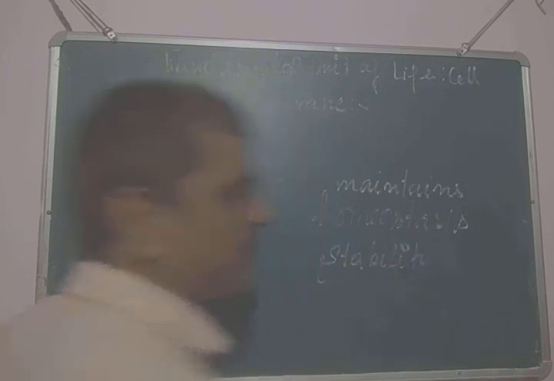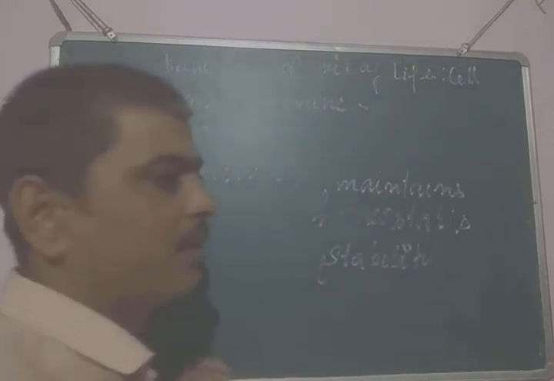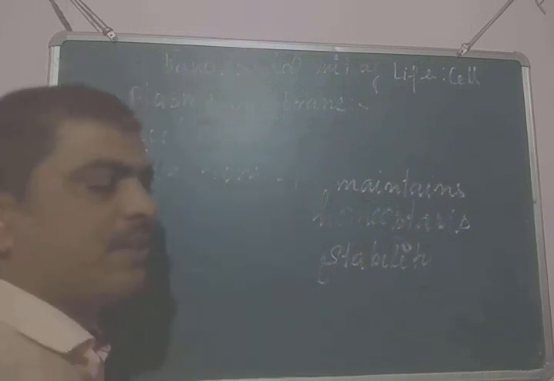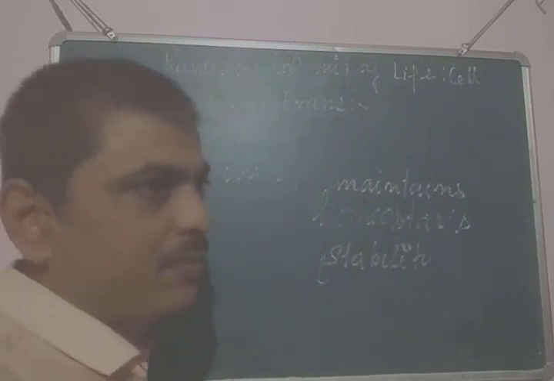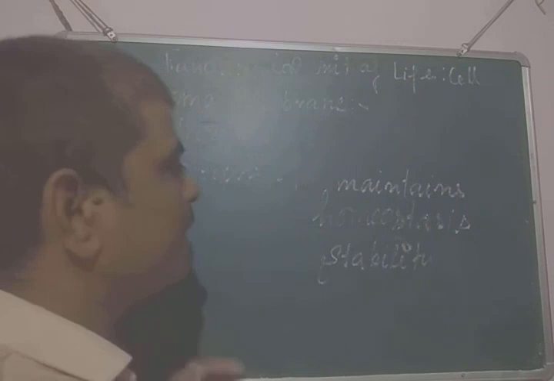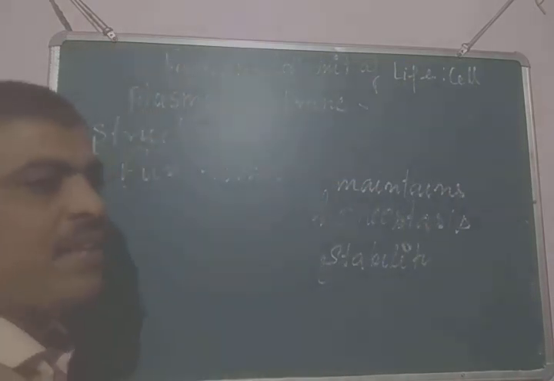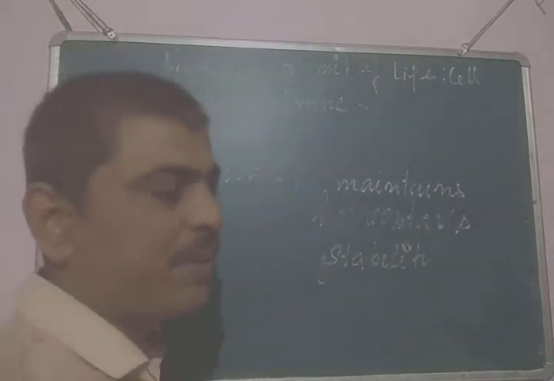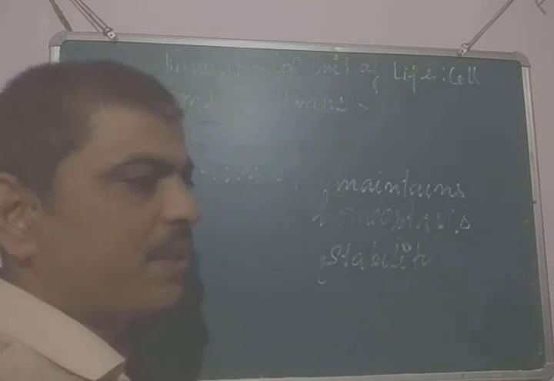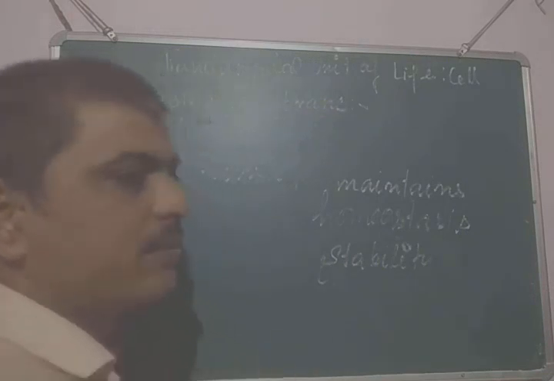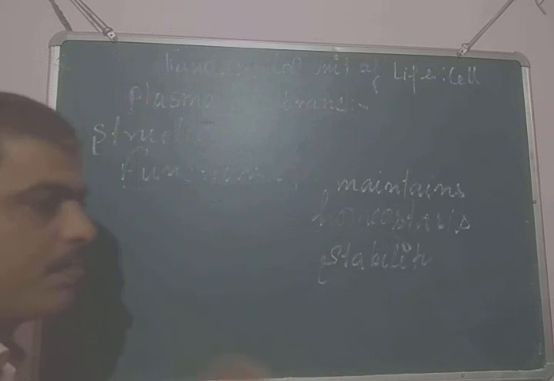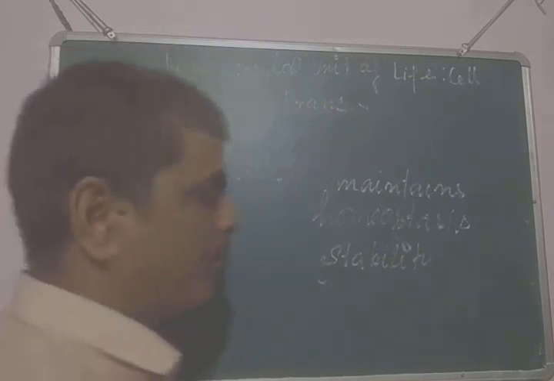What does stability mean? Whatever the components are, whatever their proportion inside the cell, that will remain constant. This constant state is maintained by the plasma membrane because it is selectively permeable. It allows the required material inside, and it also removes the unrequired material outside.